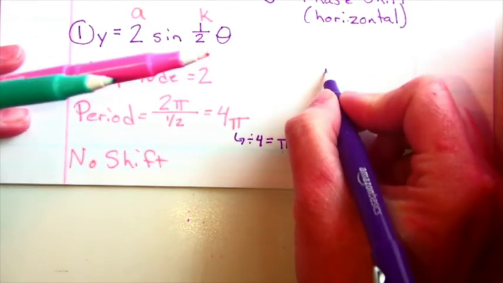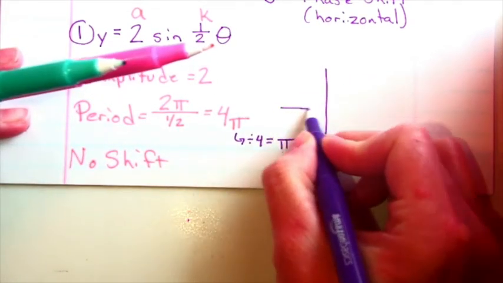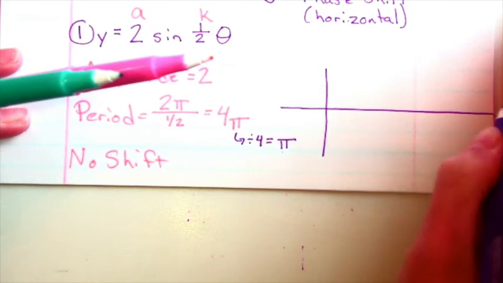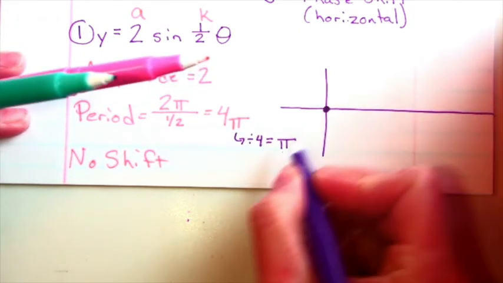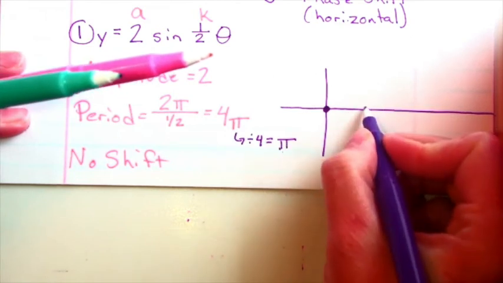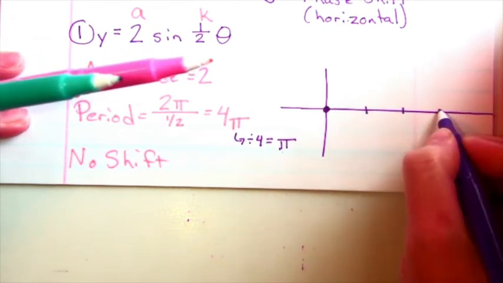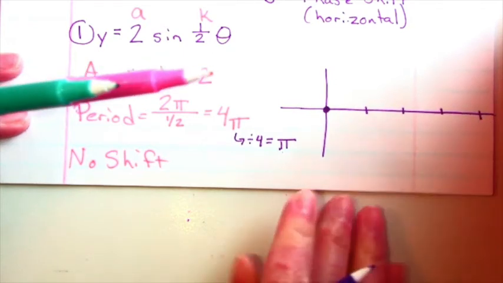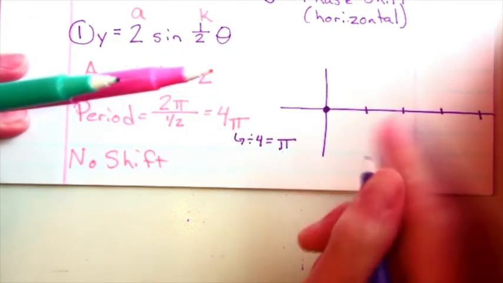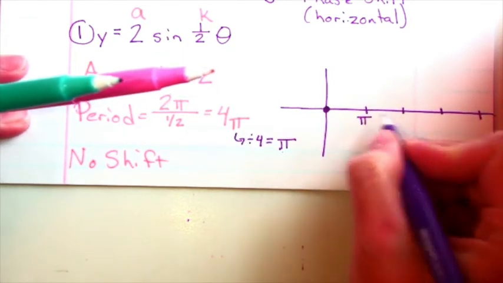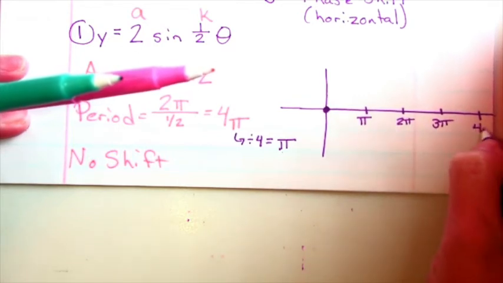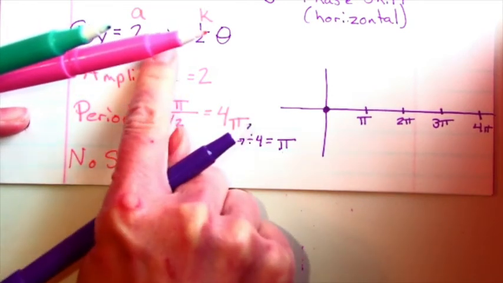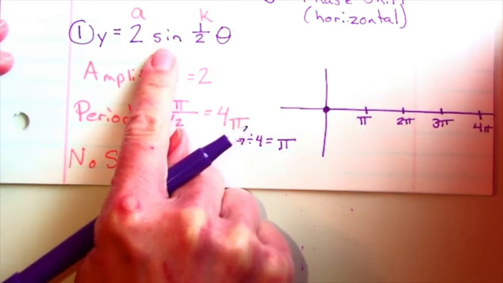So if we want to graph this, the labeling is very important. So we've got 0, and remember, pi is going to be where important things happen in this case. So this is going to be 1 pi, 2 pi, 3 pi, and 4 pi. And since it's a sine function, it's going to have the same general shape.